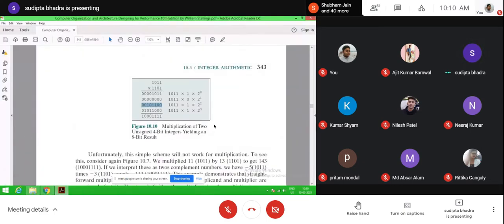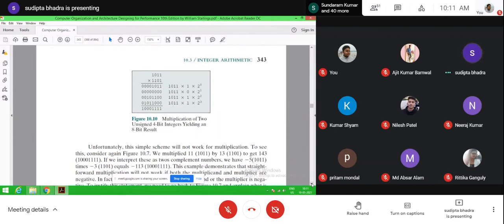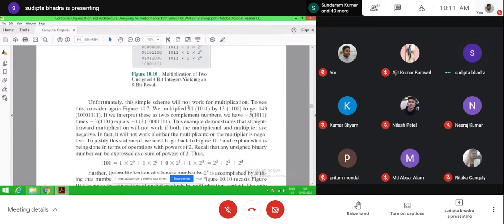Now this kind of multiplication is applicable for unsigned integers. When it is a signed integer in 2's complement form, then this kind of multiplication is not applicable. Here it is 11 and 13. Please follow the highlighted part: 11 times 13, the result is 143.